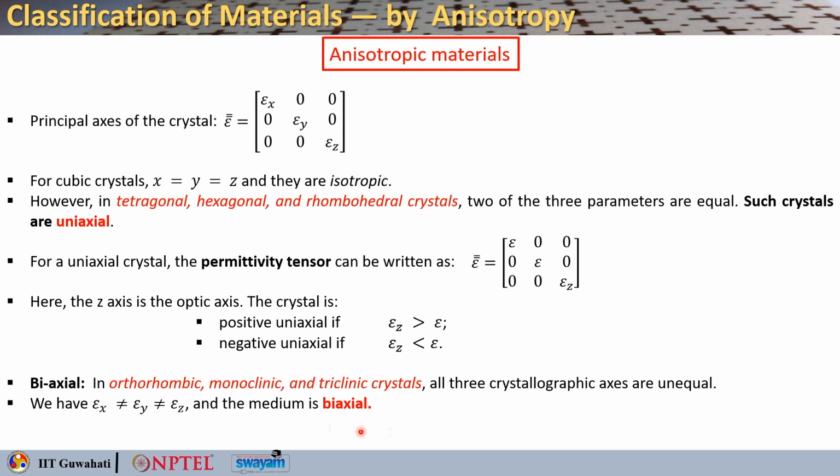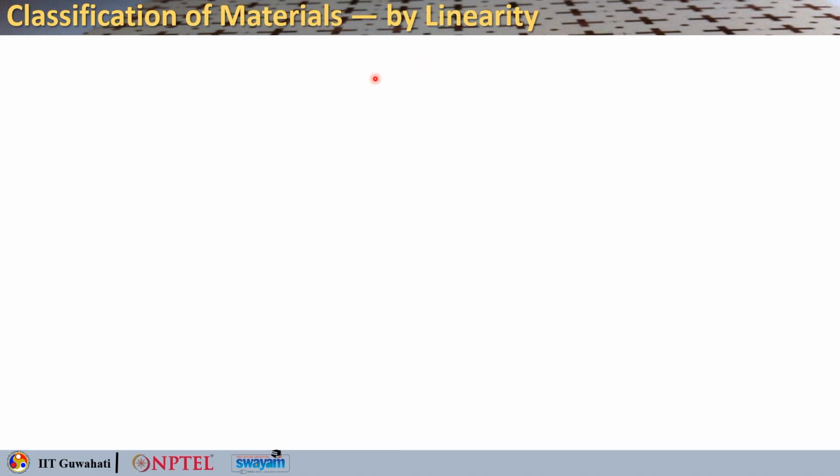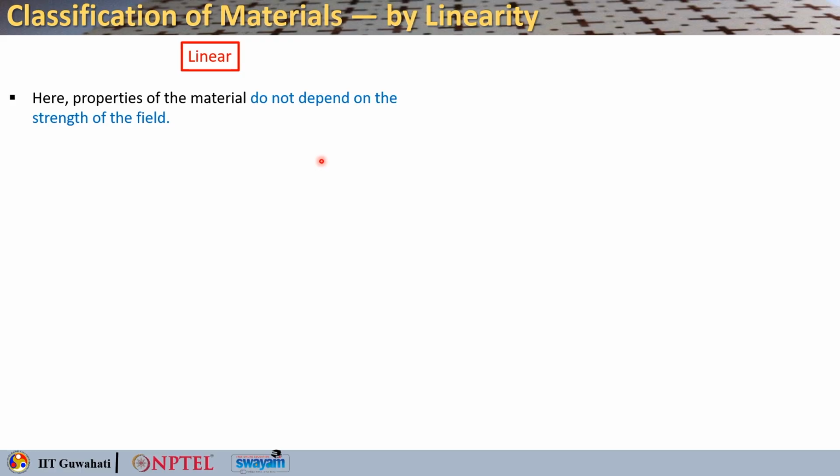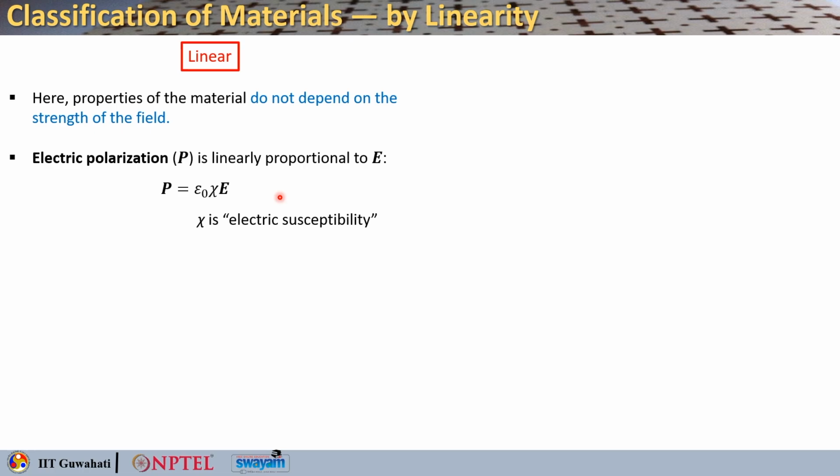So, this is where you have to remember that when epsilon x is not equal to epsilon y is not equal to epsilon z, that is when your medium is biaxial. Next we will look into the classification of materials by linearity. As I told earlier, for the linear case, the electric polarization is linearly proportional to the electric field. So, you can see P equals epsilon naught chi E.